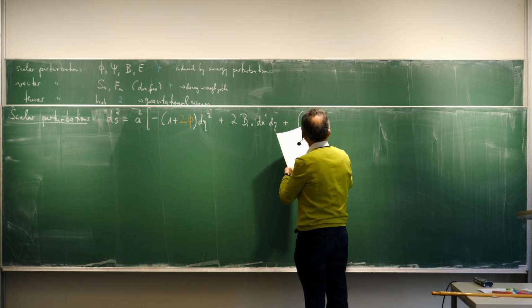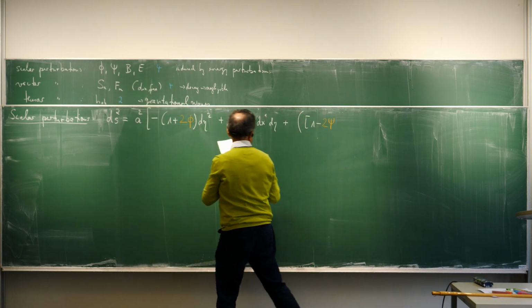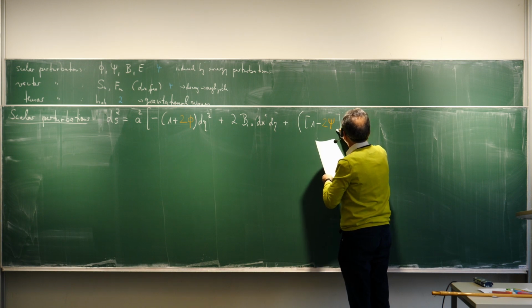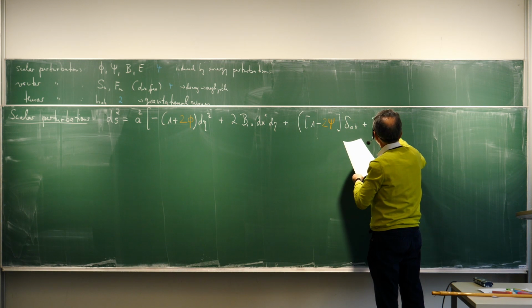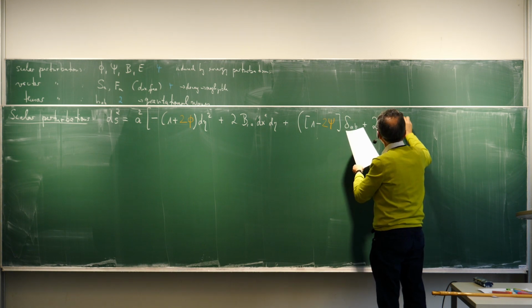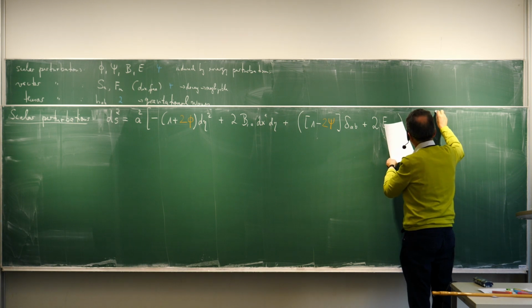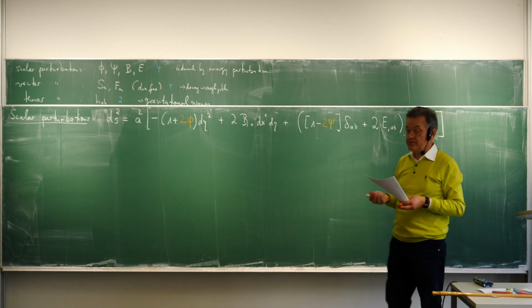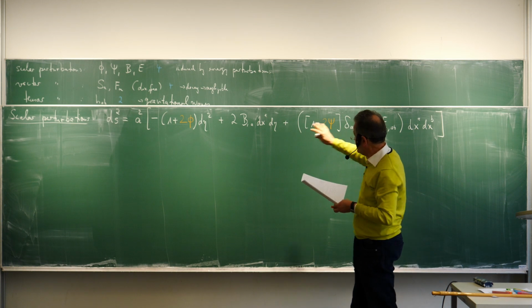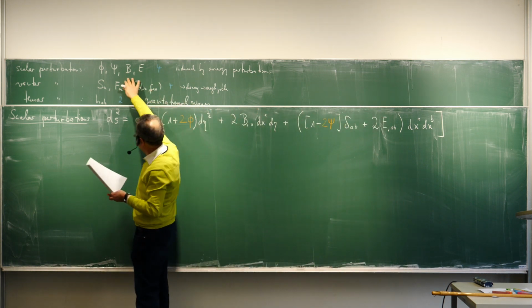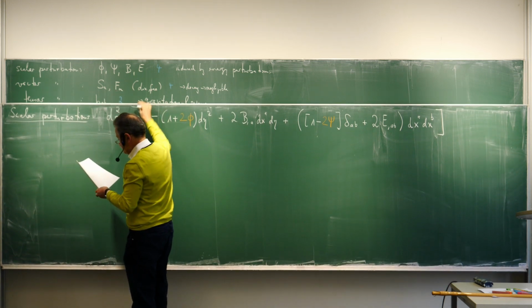So 1 minus 2 psi, so that's the psi here, delta AB, and then we have 2 times the remaining one, which is E, comma AB, dx^a dx^b. So that's the part of the metric, including the perturbations, that only contains scalar perturbations, which means that we have just set to 0 these remaining ones.